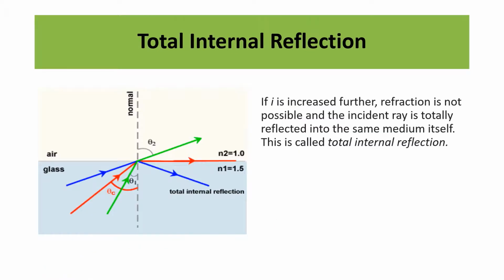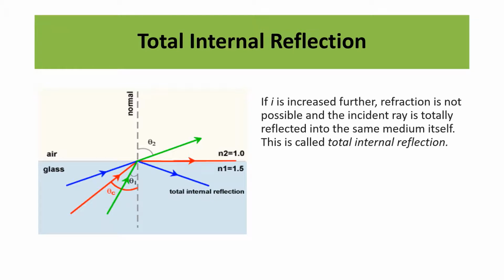What is total internal reflection? If you look at this diagram, you can see three incident light rays. One is shown in light green color, the other in red color, and this incident ray is in blue color. Look at the refracted rays now.